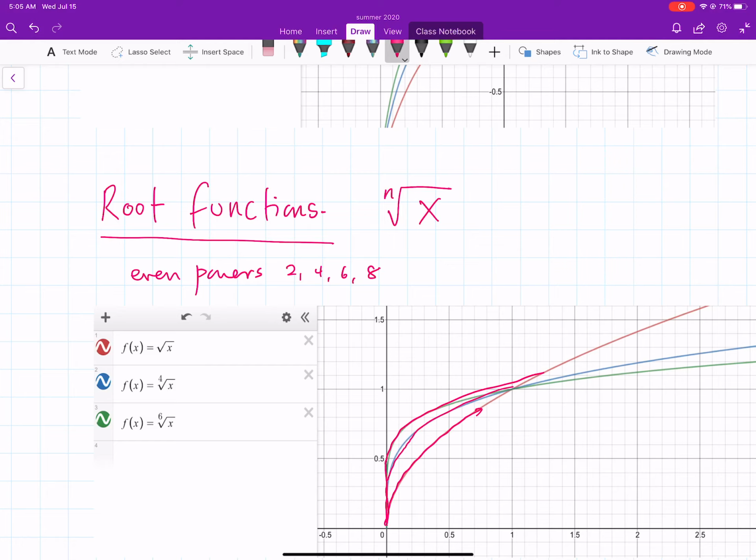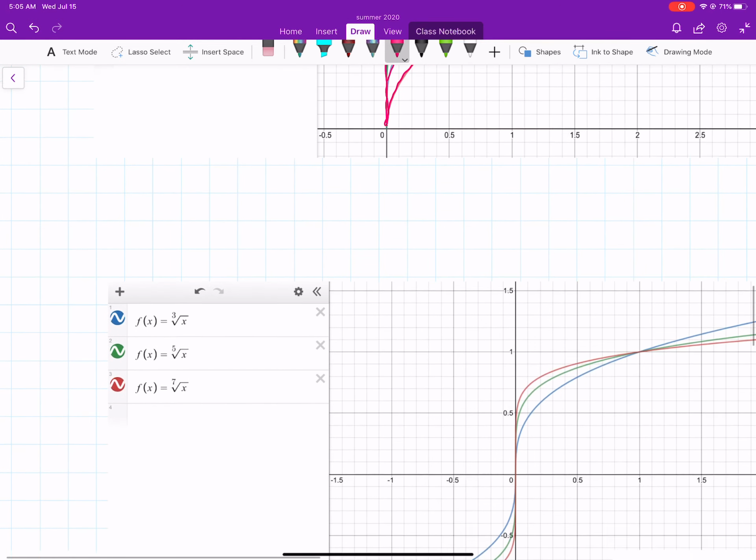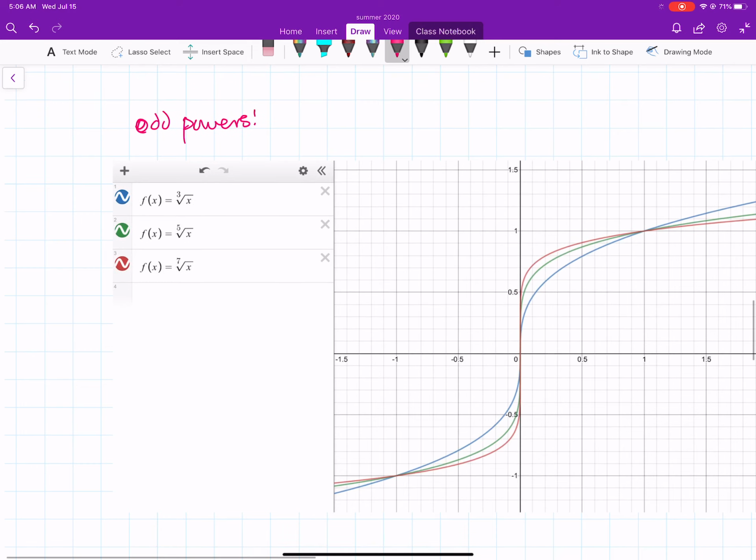Okay? And then when you look at odd powers, I'm looking at the third root, the fifth root, and the seventh root. This is how the graph looks.